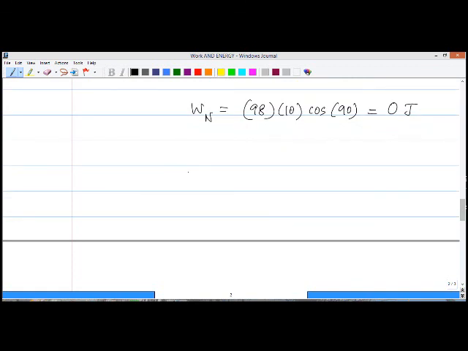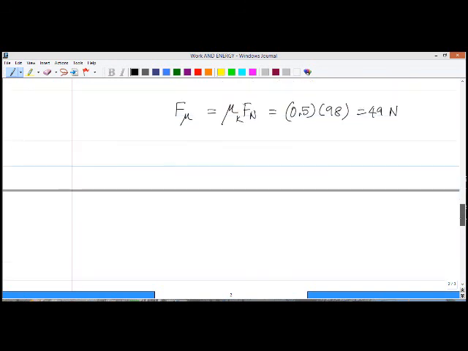And now the last one is the work done by friction, for which we first need to find the force of friction. So my force of friction is simply mu times F_N, and this is equal to 0.5 multiplied by 98, which happens to be 49 newtons. Okay, so we now know the force of friction. Let's draw the picture. The object's displacement is 10 meters to the right.